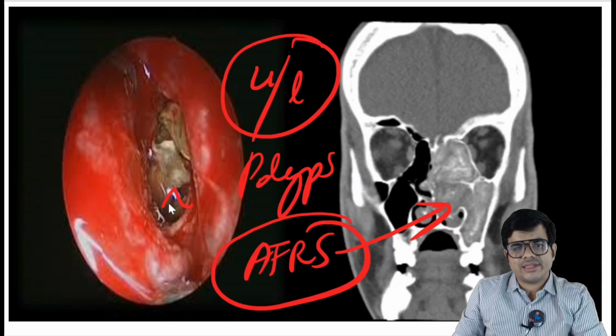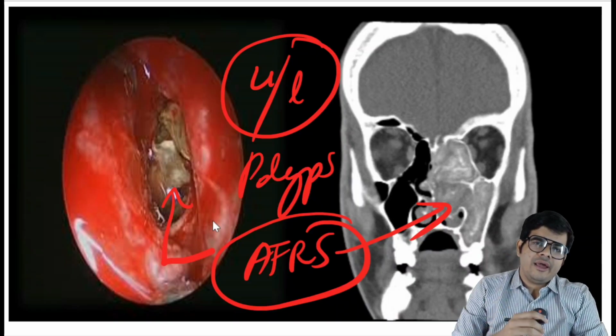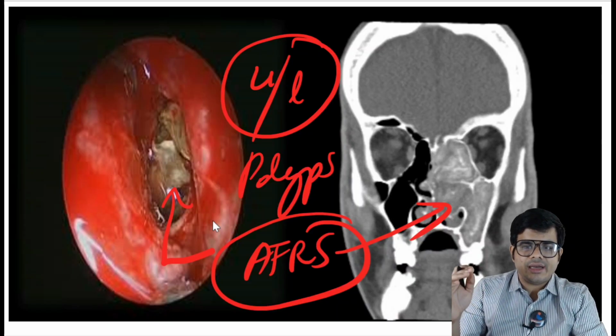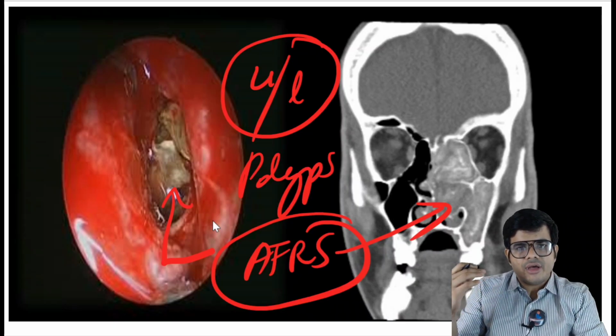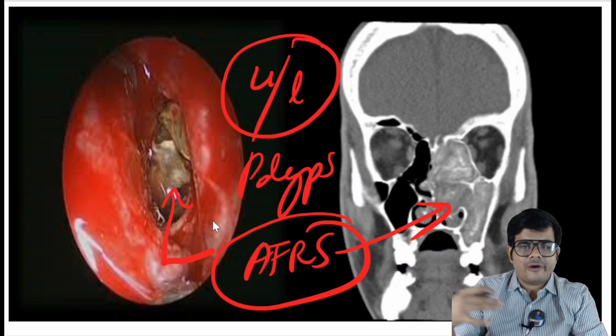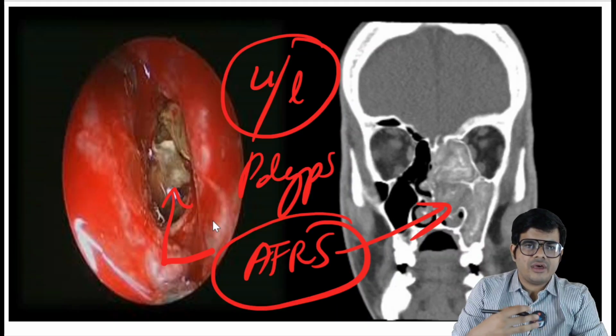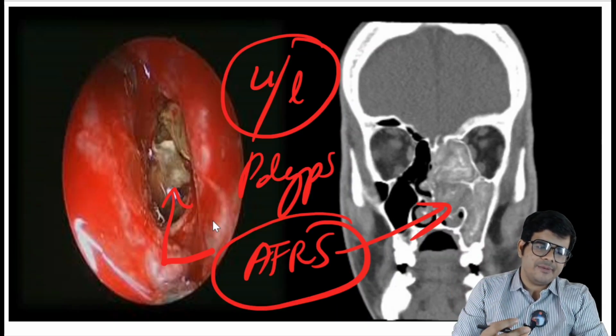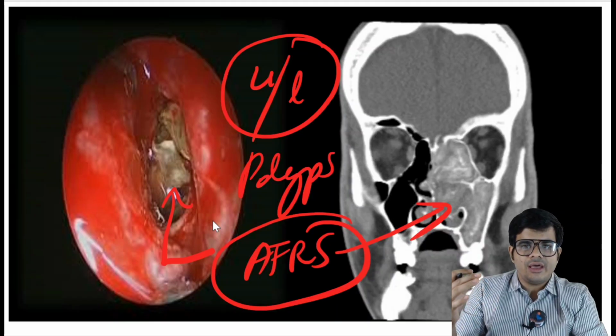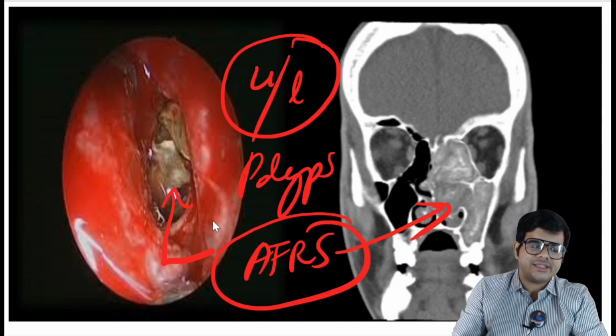And so this is AFRS, and AFRS is seen as unilateral in the adults, because whenever the fungal antigen is getting inspired, there is high chance that it can go into either of the maxillary sinuses, either right or the left side. Okay, if it is going to the left side, it results in left sided AFRS. If it is going to the right side, it results in right side AFRS.